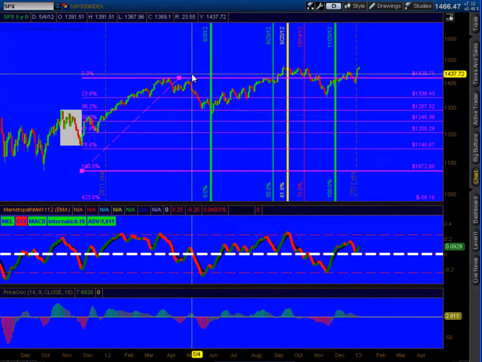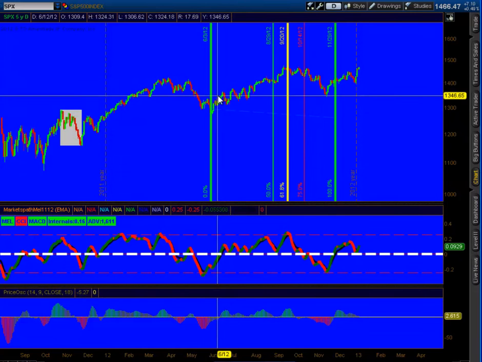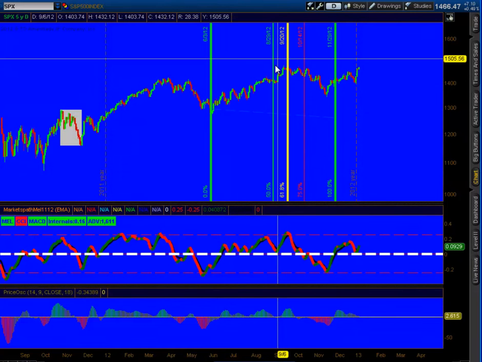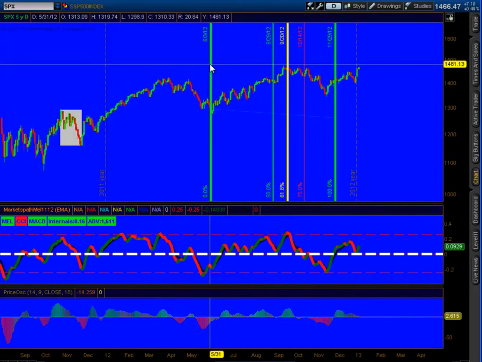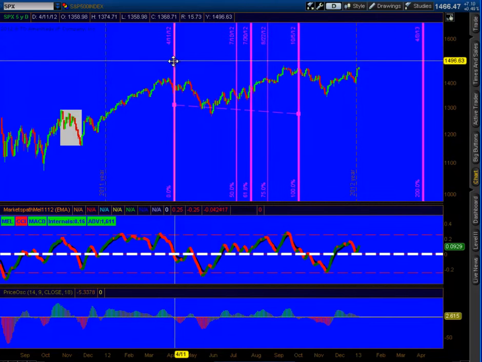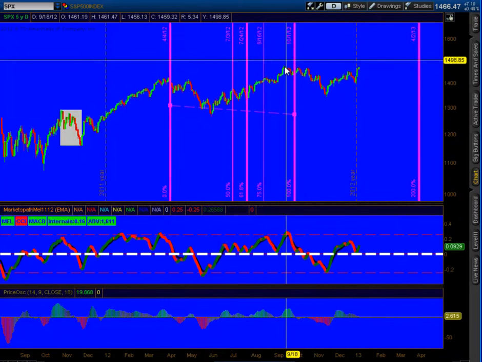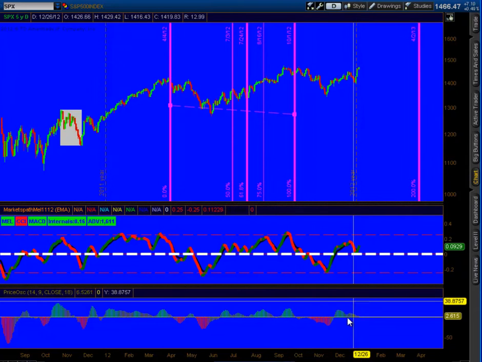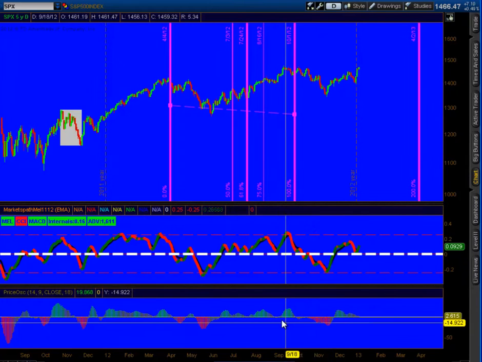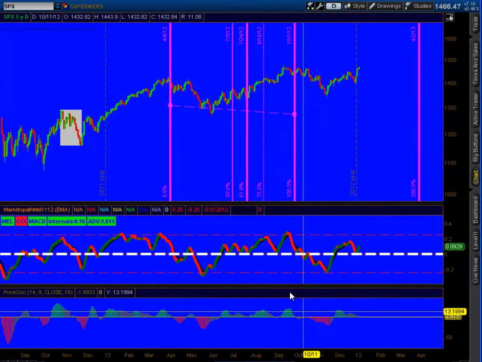I'm going to delete this right here because that came through. So we made it to the 62% retracement as far as time-wise of this period, and from top to top, we were at just about 100%. So we have momentum or institutions selling, and we have bearish divergences in place from the price oscillator.